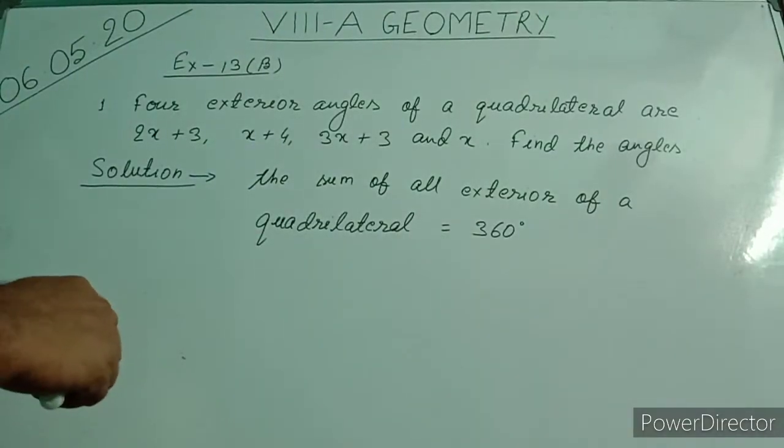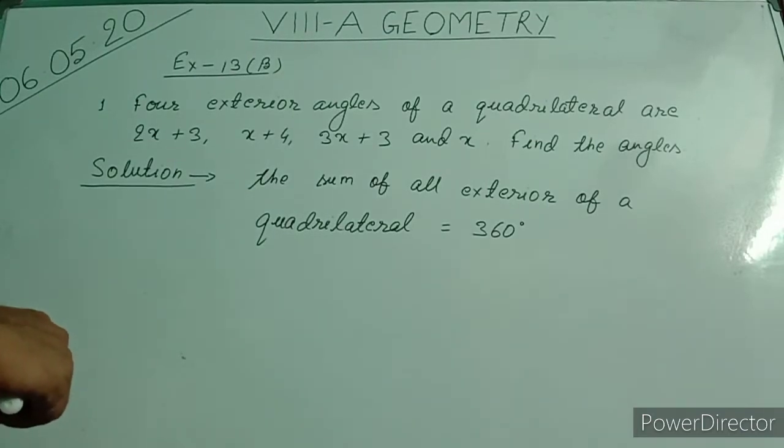In the explanation, you have studied this formula in exercise 13A. I want to refer the page number. That page number is 208, in which the list of formulas is given, and you will see the sum of all exterior angles in a convex polygon of n sides.